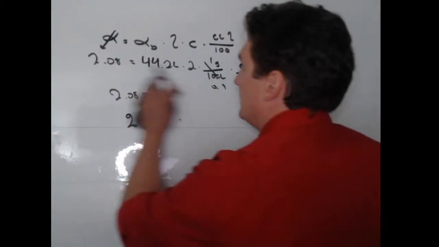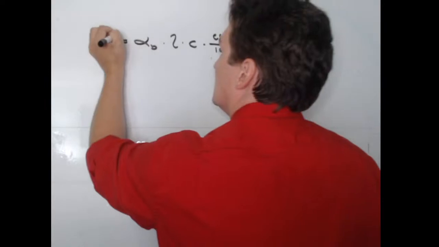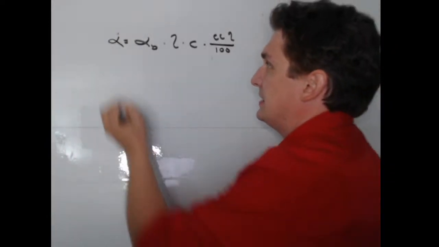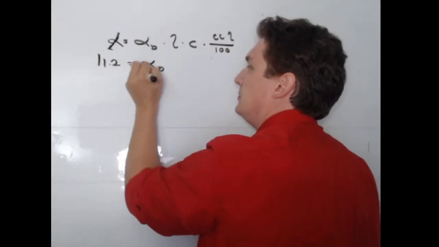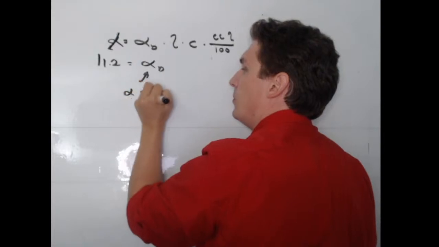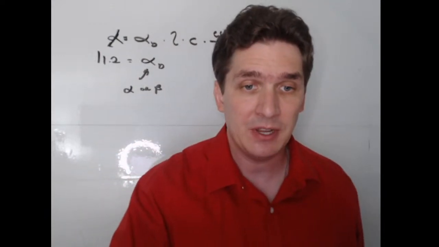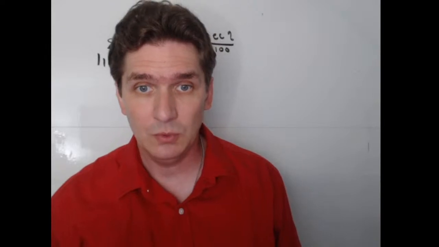So, same formula. And your measured optical activity here is 11.2 degrees. Here we don't know if we have the alpha or beta. So your value for alpha D here is going to be based on whether or not you have an alpha or beta.